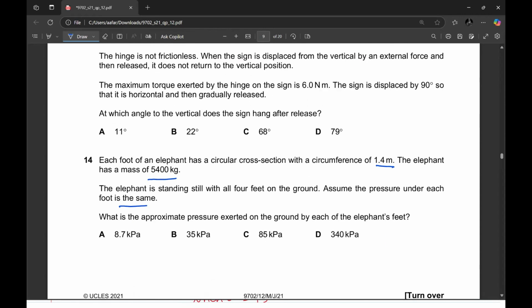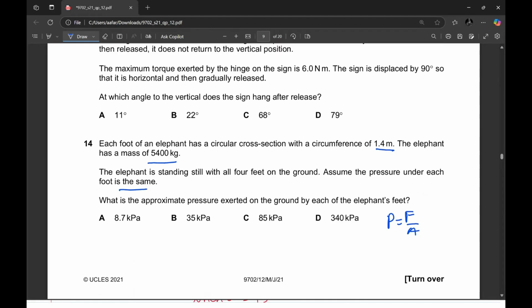So we know that pressure is equal to force over area, right? So we first need to find the cross-sectional area. Circumference is 1.4, so we know that 2 pi r is 1.4. So r is basically 1.4 over 2 pi.